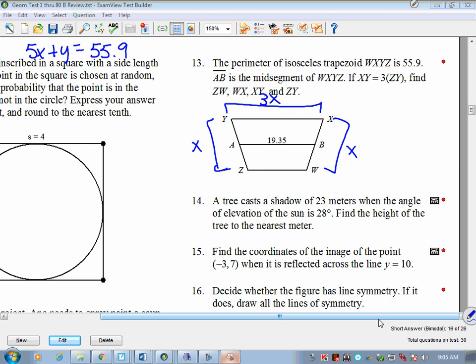So in that sense, we would say, 3x plus y divided by 2 equals 19.35. Is that correct? All right, well, let's go from there for a second. Let's kind of simplify that. If I was just wanting to simplify this at least a little bit, what would I do with that 2 in the denominator position? Multiply by 2 on both sides. Okay, so I get 3x plus y. What's 19.35 times 2?